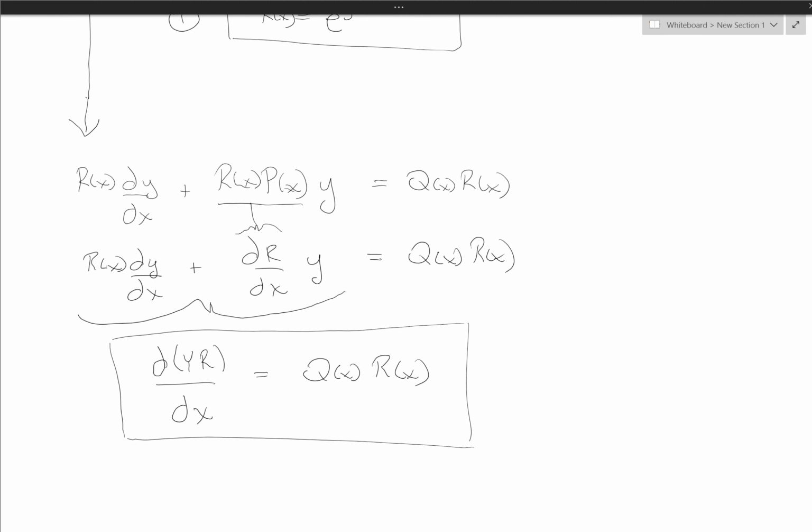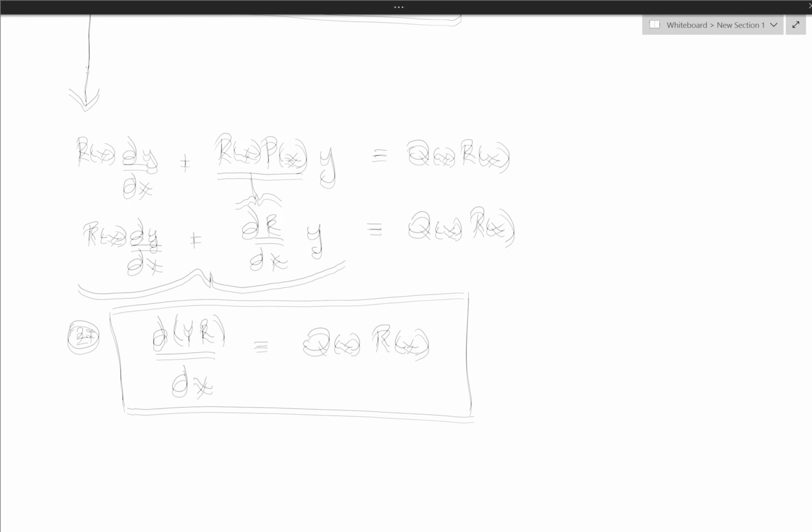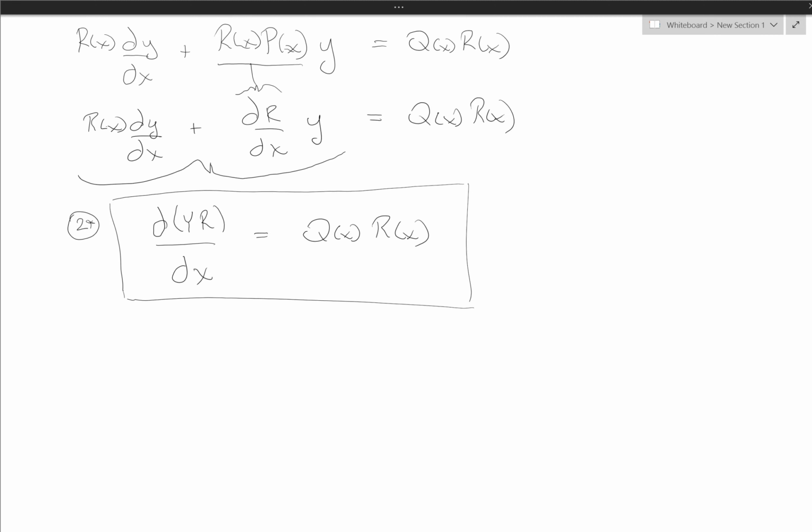You can call this your equation 2, or 2 star, because you can actually solve for y directly from this equation. So multiply both sides of the equation by dx, so then you get d(yr) is q(x) r(x) dx. Then integrate both sides.